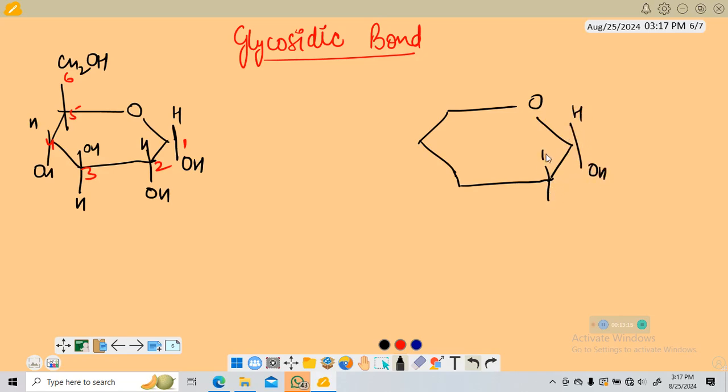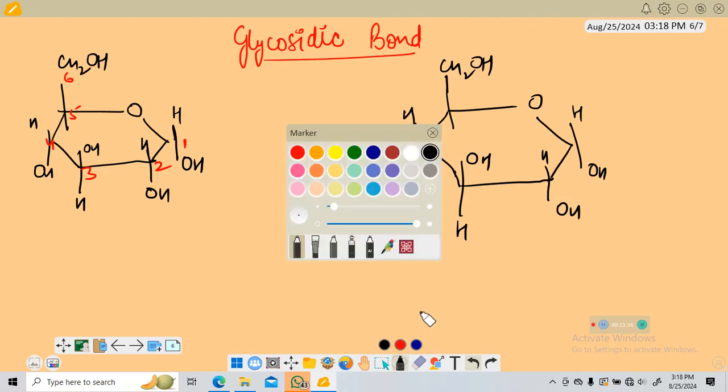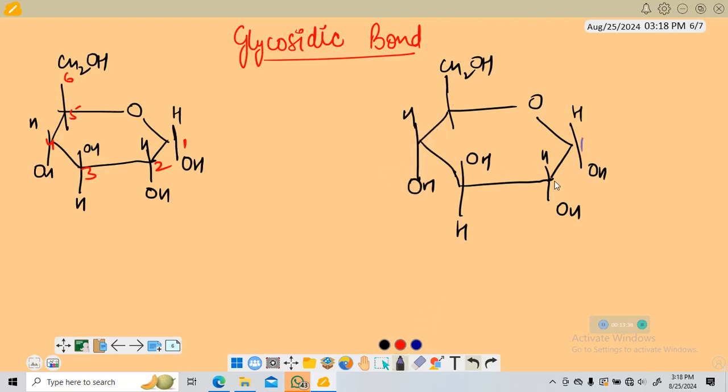HOH, HOH. At the third position the arrangement will be reversed. Then the same HOH. The difference is only at the third position, the rest is all the same. CH2OH. Carbon 1, 2, 3, 4, 5 and 6.